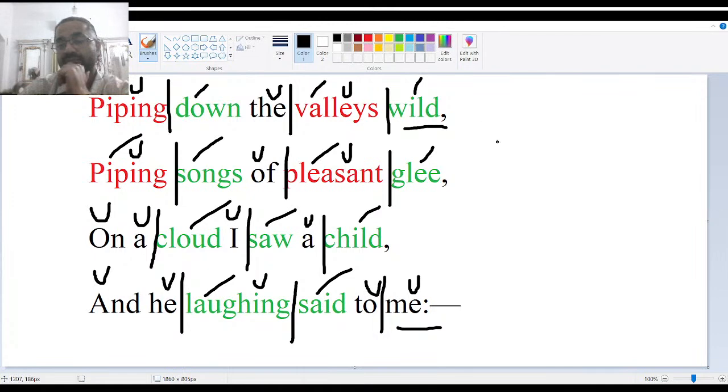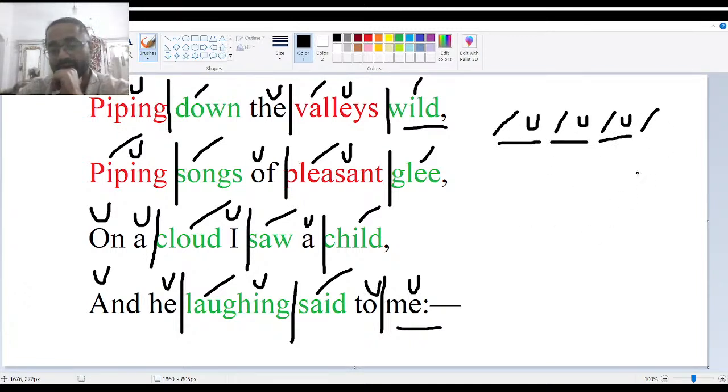If you have an isolated syllable at the end of a sentence in a trochaic passage, it always has to be a stressed syllable, because it goes like this: 1 2 1 2 1 2 1. Okay, so you cannot have an unstressed syllable here. If you do, then it's something else. It cannot be a hypermetrical.